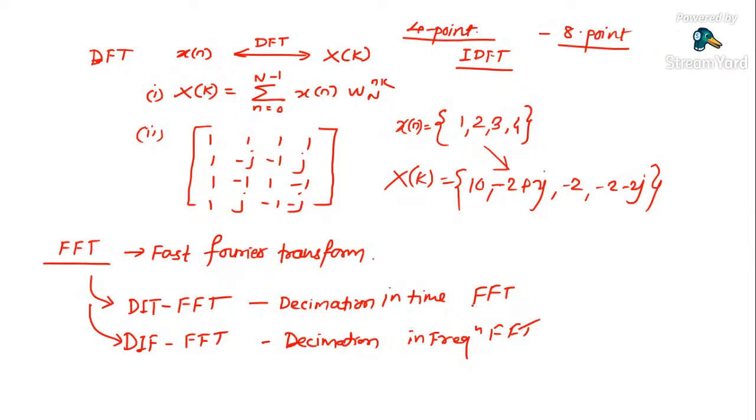So those are the two different types of FFT. Decimation means division. If you are dividing in terms of time, then that is called decimation in time. And if it is in frequency, that is called decimation in frequency.